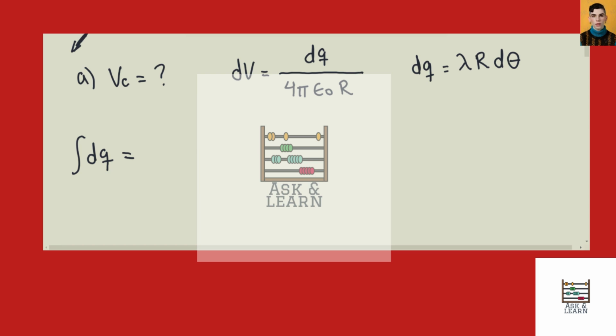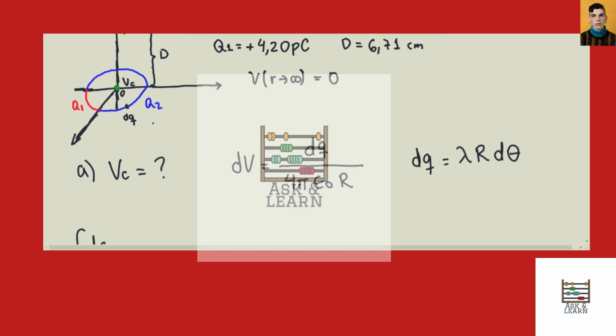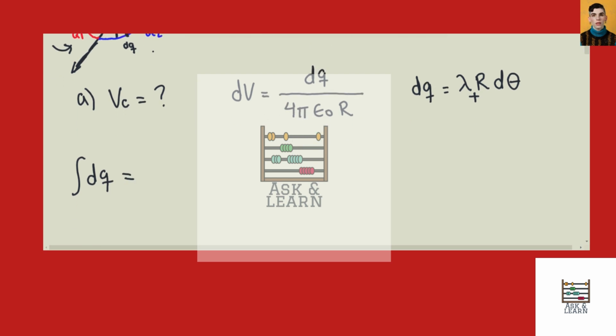We're going to try first with this segment, which has a positive charge. We're going to call its density a positive density, and it is not on all of the circle. It is just on 1/4 of this circle.